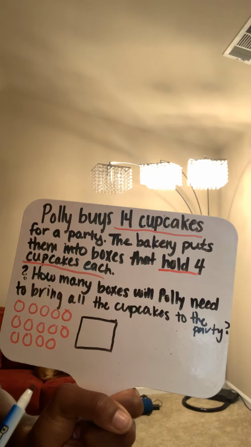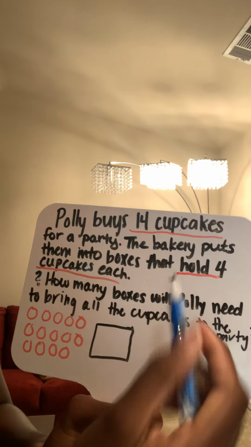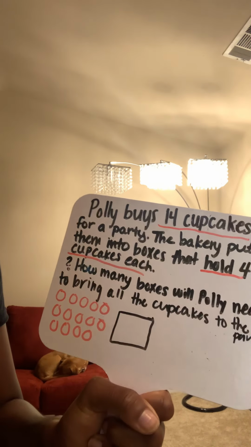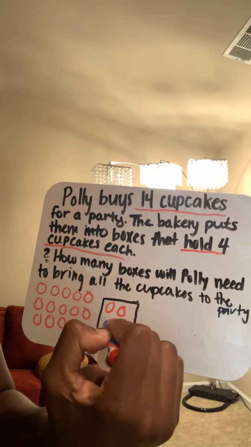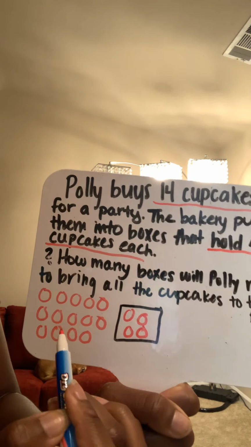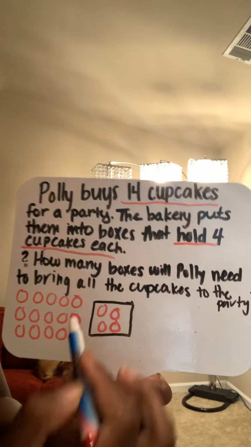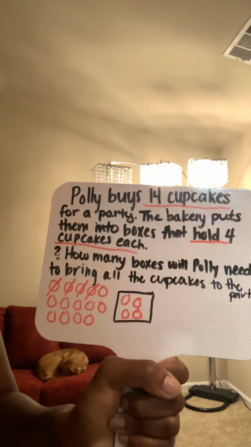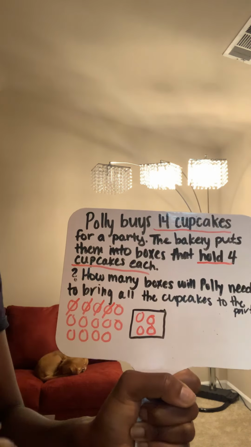We already know that when they are giving out the cupcakes, each box holds 4. So I'm going to go ahead and draw in 4 of my cupcakes. 1, 2, 3, 4. And after I do that, I'm going to cross out 4 so that I know how many I have left. 1, 2, 3, 4.